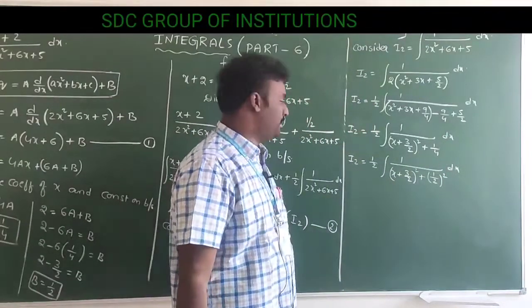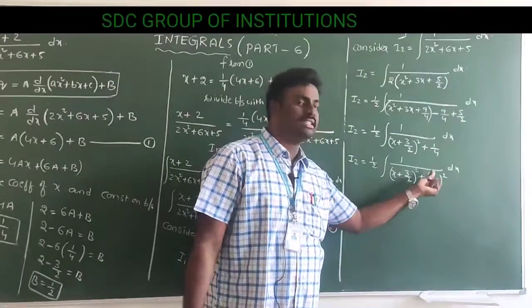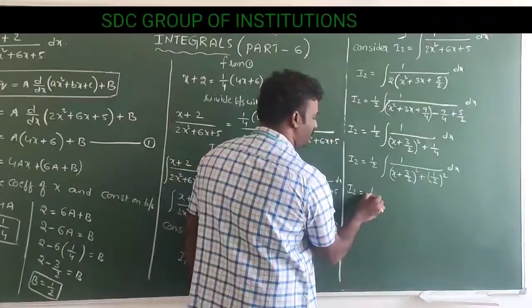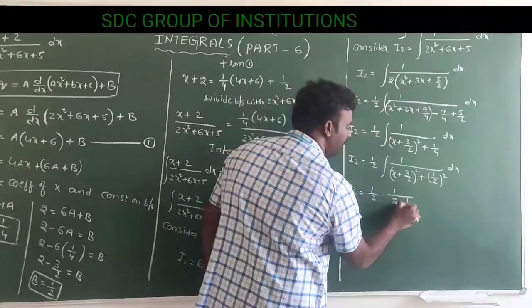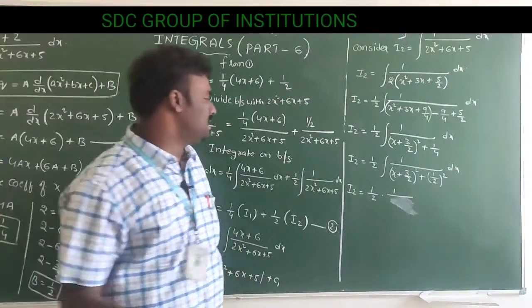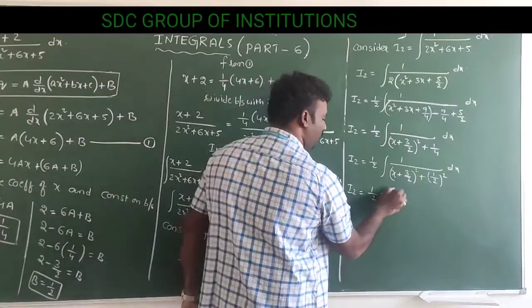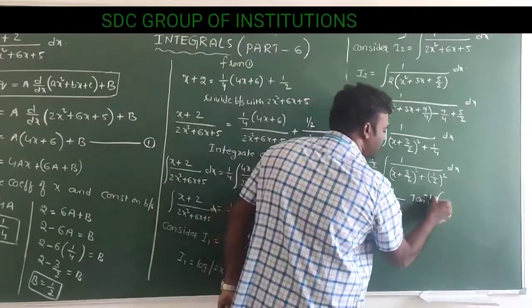Now it is in the form of integral 1 by x square plus a square. Okay. Then I2 is equal to 1 by 2 into the formula 1 by a tan inverse of x by a.